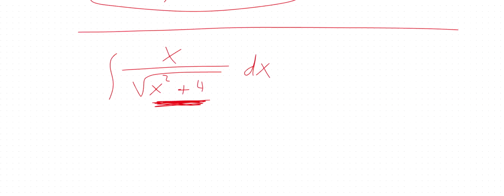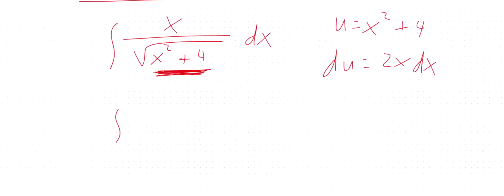if we make our u x squared plus 4, our du is 2x dx. So we just do a very straight u substitution here of making that a 1/2, 1 over square root of u du, or 1/2 integral u to the negative 1/2 du.